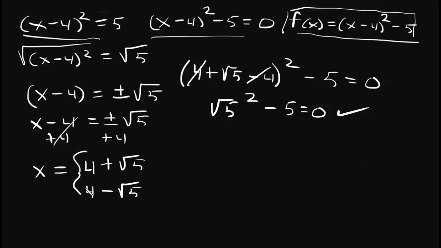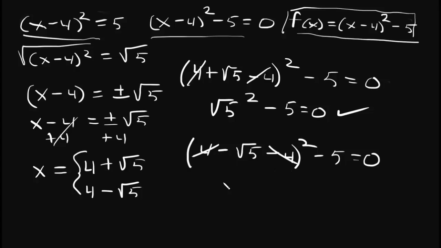Let's try the other one of our answers. If we put in for the x 4 minus the square root of 5, then (4 - sqrt(5) - 4)^2 - 5 is equal to 0. Once again, the 4 and the negative 4 would take care of one another.